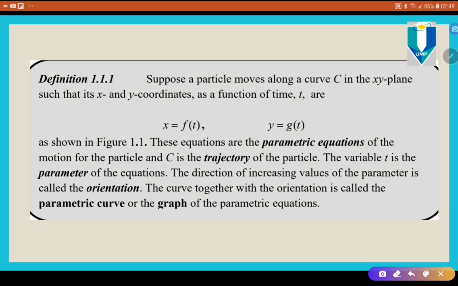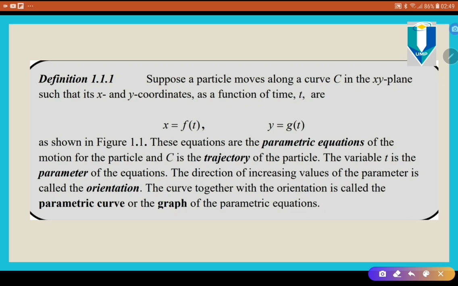The variable t is the parameter of the equations. The direction of increasing value of the parameter is called the orientation. The curve together with the orientation is called the parametric curve or the graph of the parametric equations.